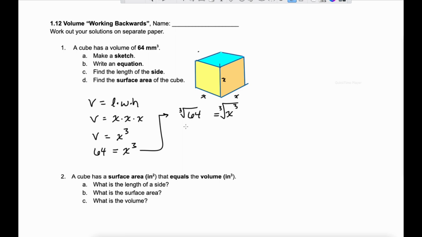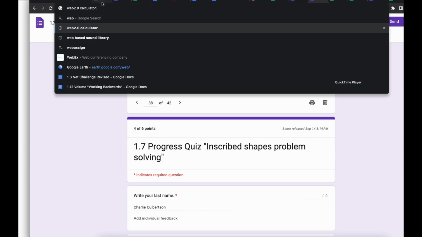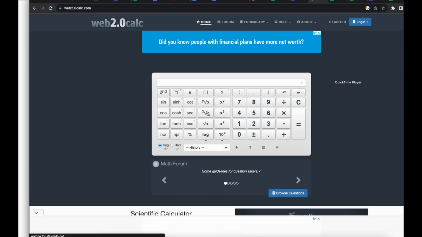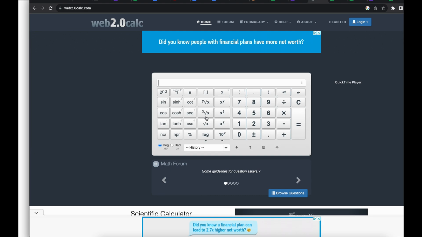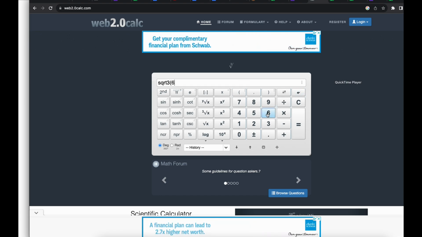We could put this in a calculator. Maybe I'll make a factor tree here. Actually, let's just go to the calculator, the Web 2.0 calculator. Right here we can see our cube root function. I'll hit that, the cube root of 64, and hit equal, and it's 4.